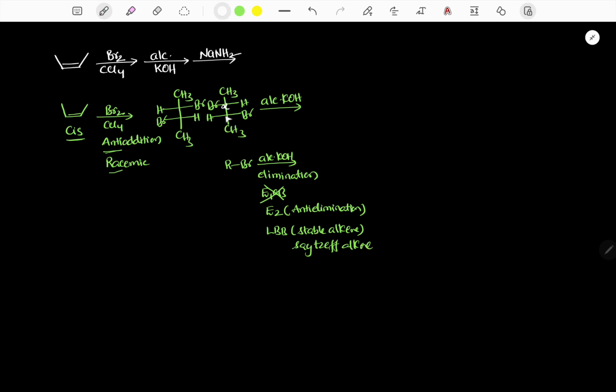So this is the alpha carbon, this is the beta carbon, this is the leaving group, and this is hydrogen. Do not remove the HBr directly. First this should be converted into the corresponding Sawhorse projection. After that we have to take the removal groups in the opposite direction, here hydrogen and here Br.